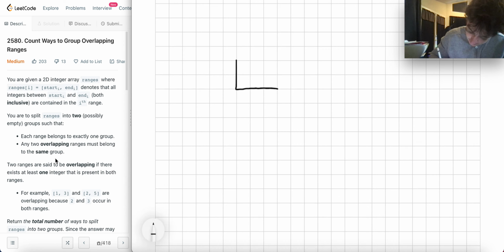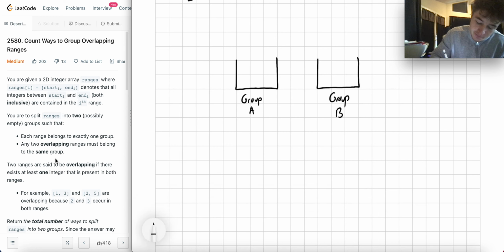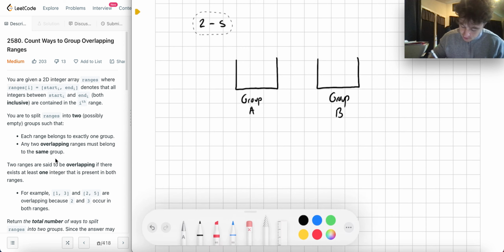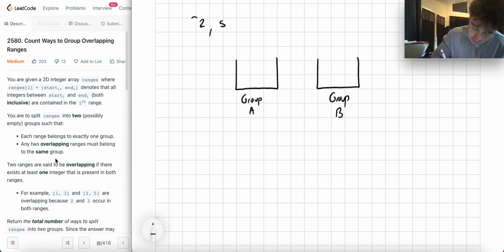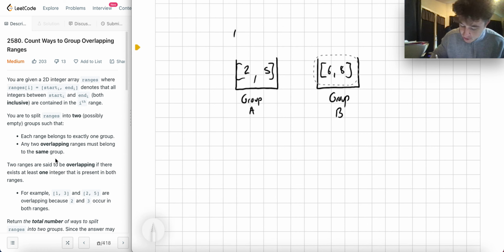So we have group A and group B. Then you're going to place a range into group A or into group B. If you have a range like 2 to 5, you can put it into group A or you can put it into group B. In the actual format given in the problem, say 2 to 5 and 6 to 8, you could put 2 to 5 over here and 6 to 8 in here, or you could put them both together in here.